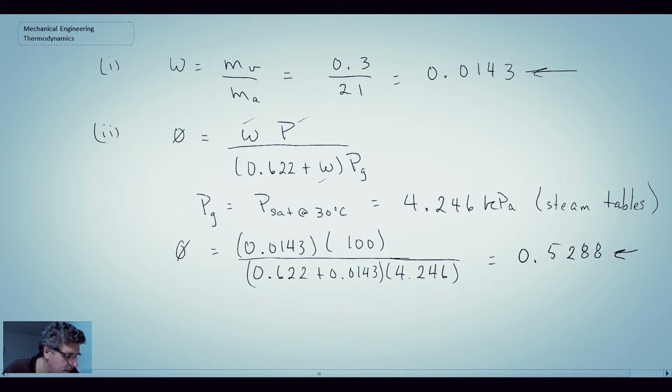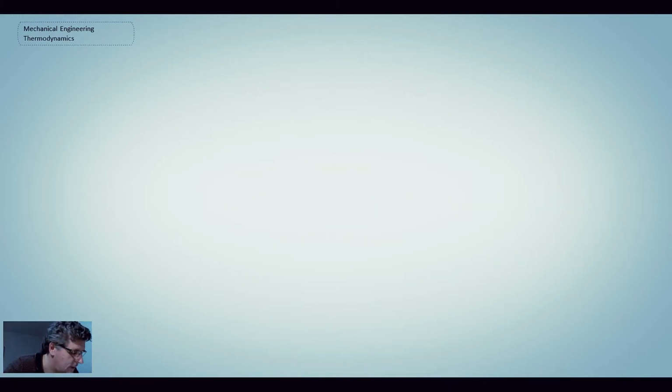And the way that we're going to go about looking at this, we're going to use the ideal gas equation, but we know the mass of dry air. So what we need to do is figure out the pressure associated with the dry air. So that will be our approach. And given the definition of relative humidity that we had, we can determine the vapor pressure.